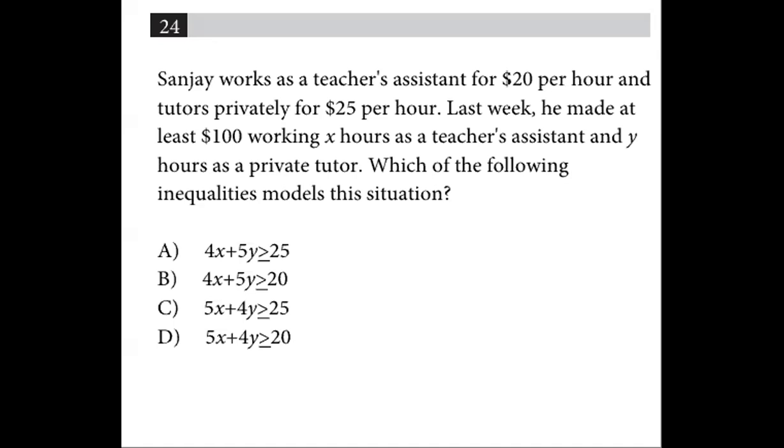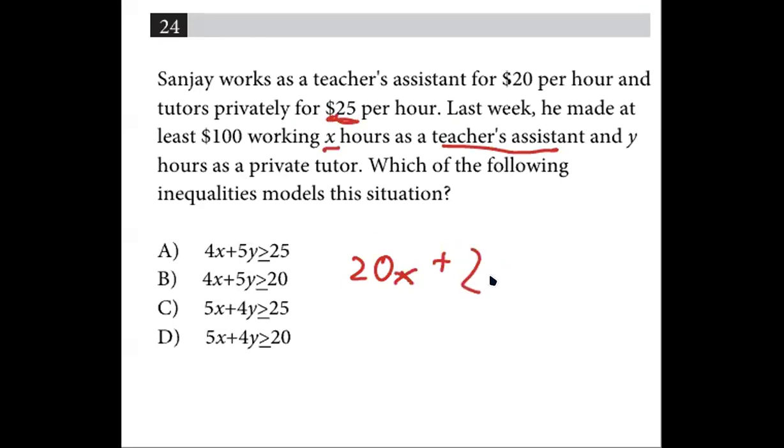Okay, so for question 24, we have that they work as a teacher assistant for $20 an hour and tutor privately for $25 an hour. So we have 20 times x hours as teacher assistant, so 20x plus 25y for privately at $25 an hour.